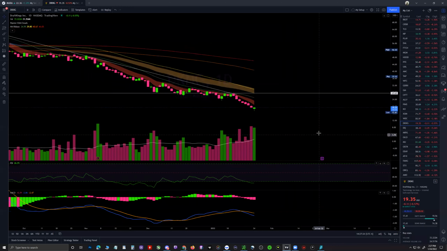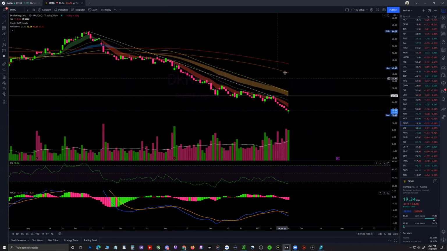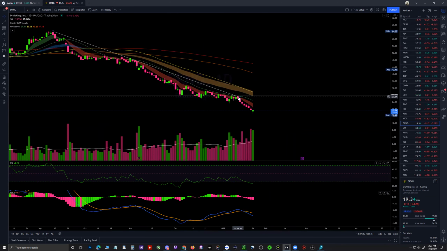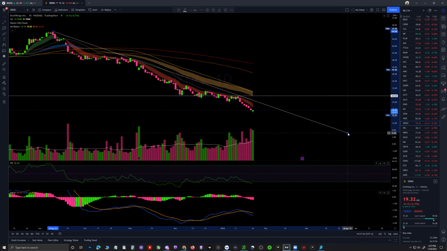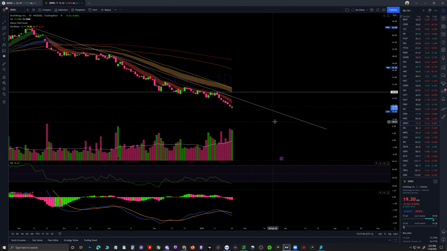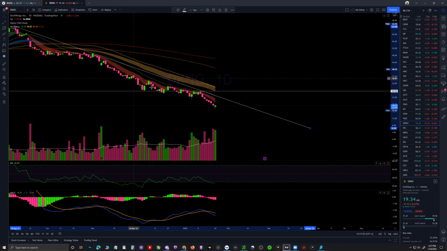DKNG has been dumping. A little bit of a bounce today. I'm really thinking that this is just a dead cat bounce because, if you look at this, everything is still in a huge downtrend. It's very far from this breakout line.